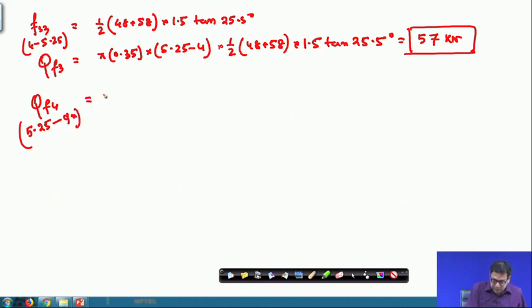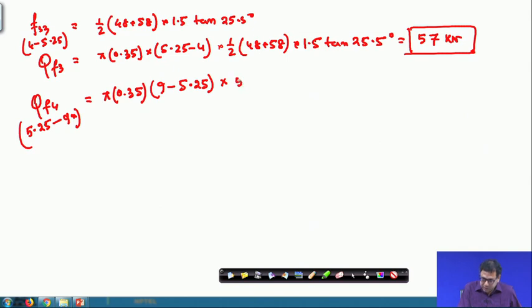So, the value is pi d 0.35, L is 9 minus 5.25, then this value is uniform, because 58 is uniform throughout.